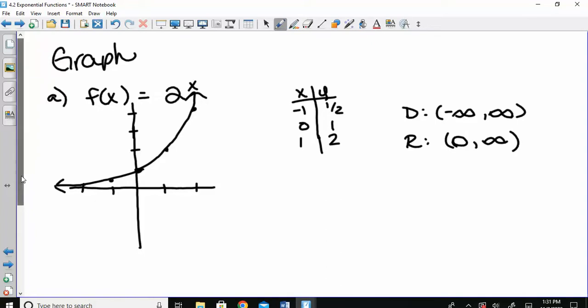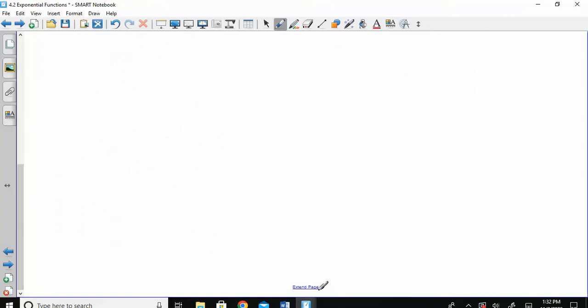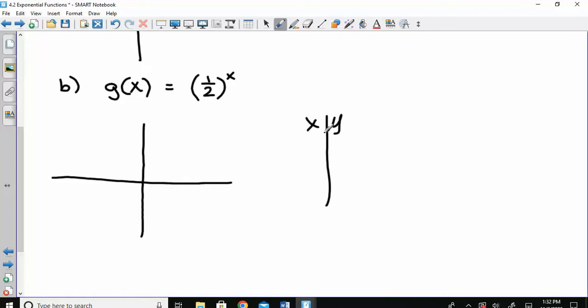All right. What happens if I ask you to do 1/2 to the x power? So we know we have to plug in -1, 0, and 1.